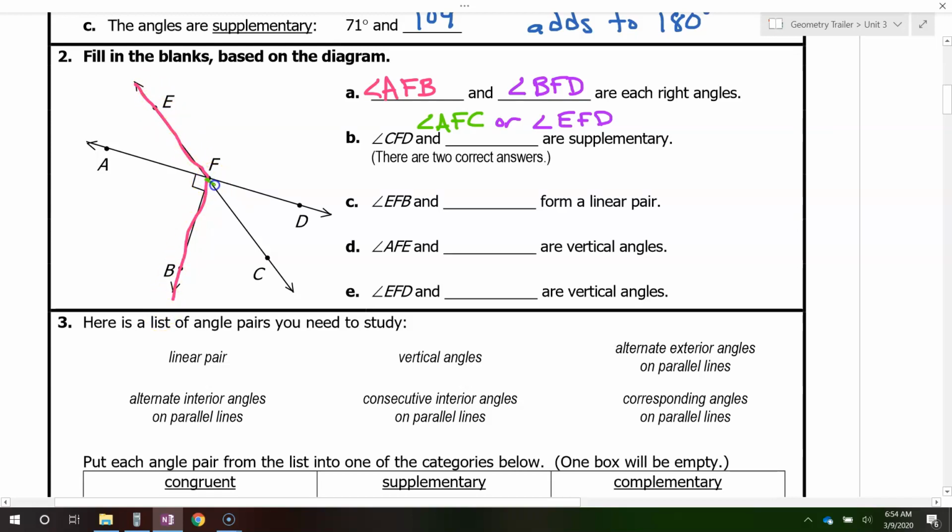And the only one I see that continues onto an existing line is this one right here. So if I make the other side of the angle so that it's back to back with the original angle, then I have angle BFC. All right, this is a linear pair because they make a straight line. All right, and they are adjacent. So angle BFC.